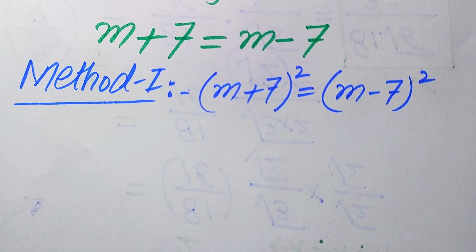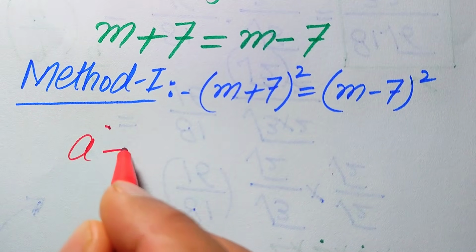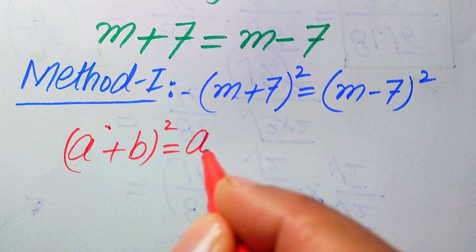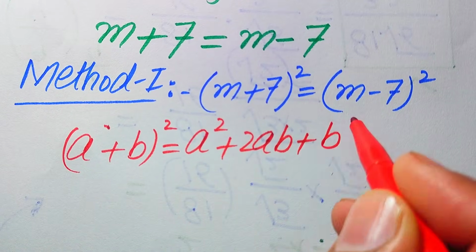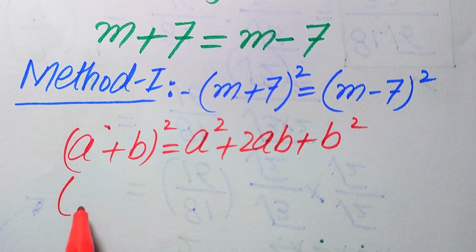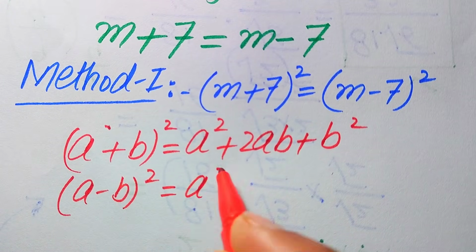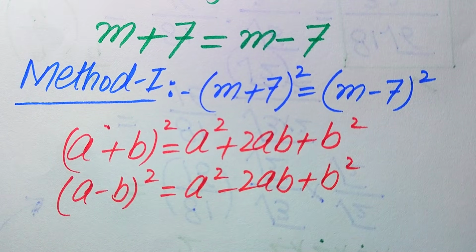And now in the next step, we use the nice algebraic formulas on both sides, and you know about that. If we have a plus b whole square, it is equal to a square plus 2 times ab plus b square, and on the right hand side we use the formula a minus b whole square is equal to a square minus 2 times ab plus b square.